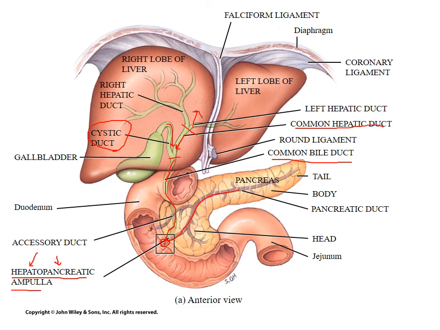So going back, let me erase some of this stuff that I've got written here, and I'm just going to point to the ducts that you need to know. So there's only a few, right? The common hepatic duct, which is leaving the liver. The cystic duct, which is coming from the gallbladder.